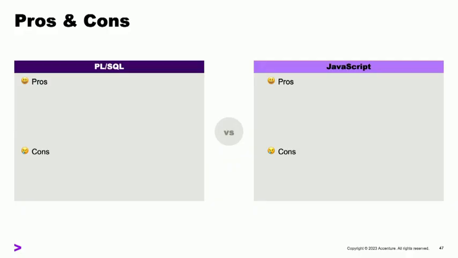OK, this brings me to the key messages and slowly to the end of this presentation. When I compared PL/SQL and JavaScript, there are some pros and, on the other side, the cons, with the most important one at the top. The most important pro, from my point of view, is that we have tons of ready-to-use third-party libraries on NPM which we can include.